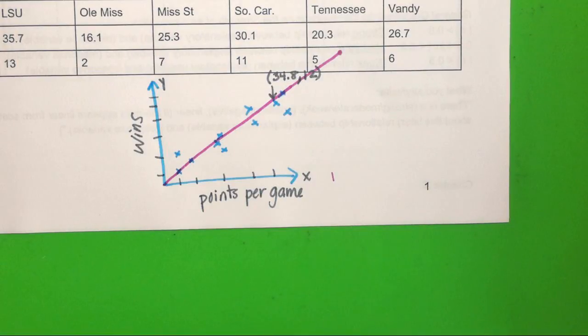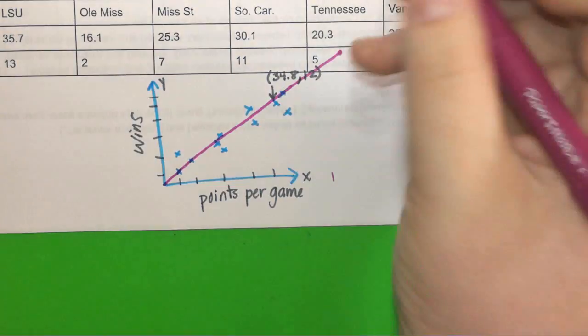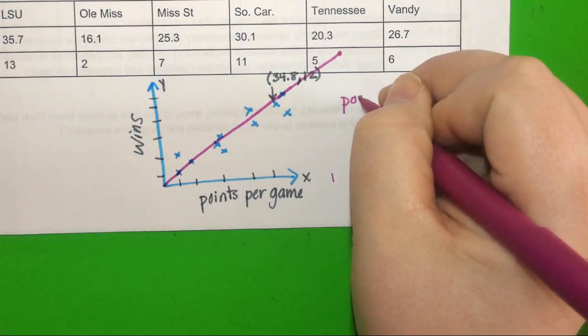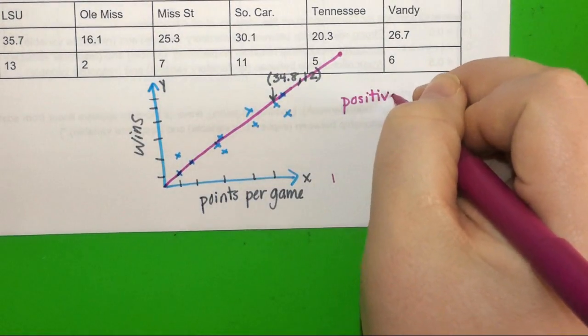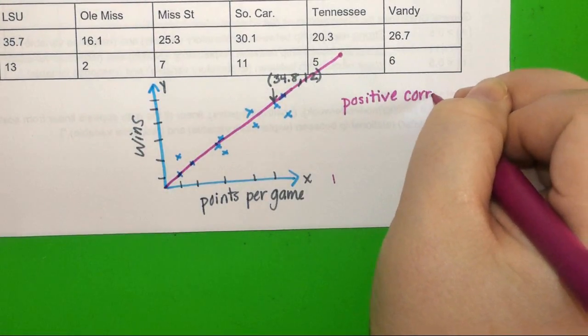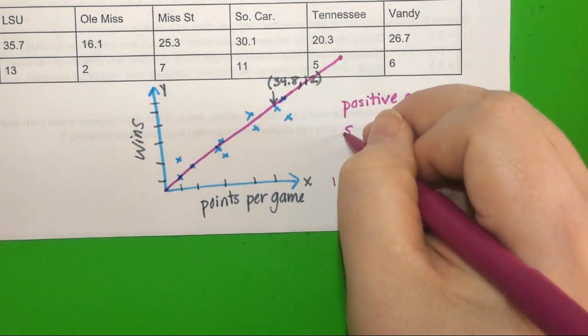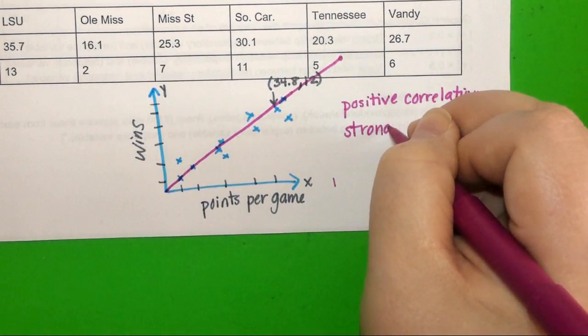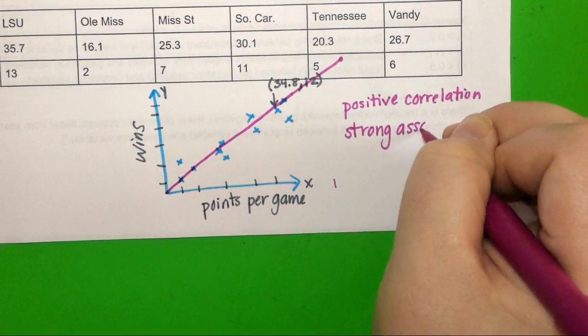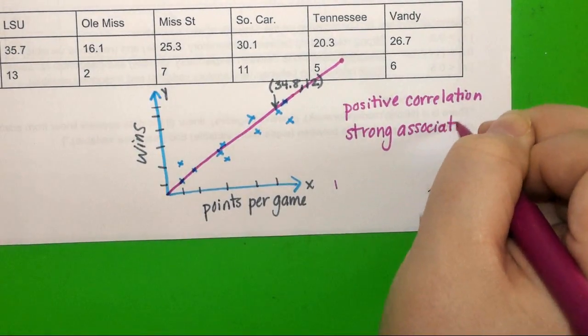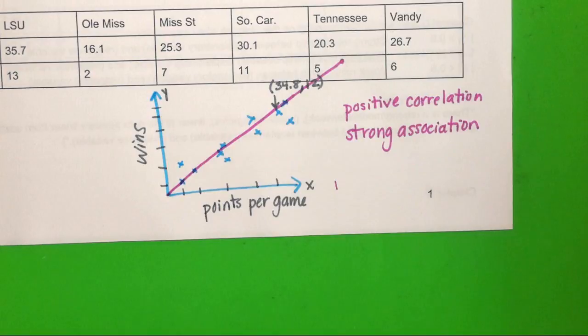Oh, I know what I was going to say. Okay, so it does look like there's, I'm going to say, positive correlation. I like that phrase. I like the phrase strong association. Basically, those two things definitely go together as long as Sally doesn't use the C word. She cannot use the C word.